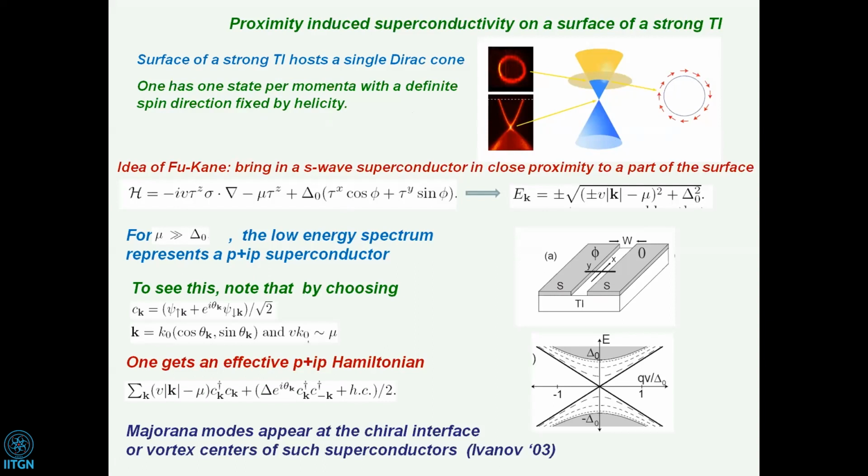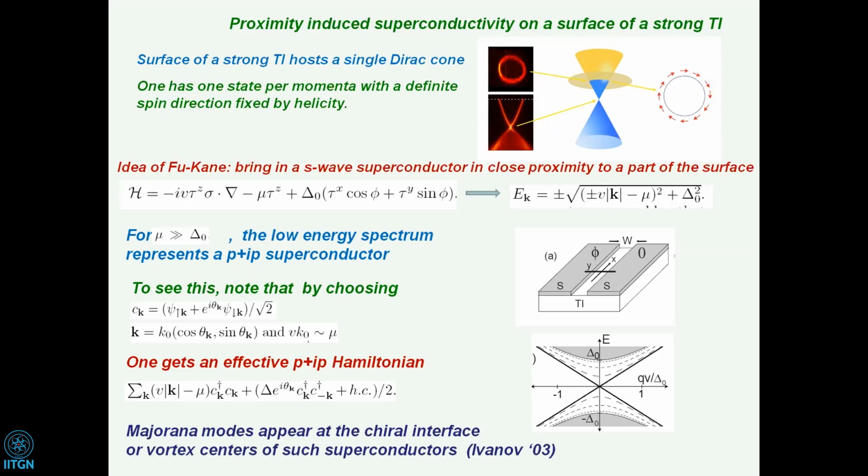In a Schrodinger electron, you think of a given momentum. It has an energy h-bar squared k squared by 2m, but this state can be occupied by both an up electron and a down electron. So there are two states per momentum, corresponding to two spin directions of the electron.